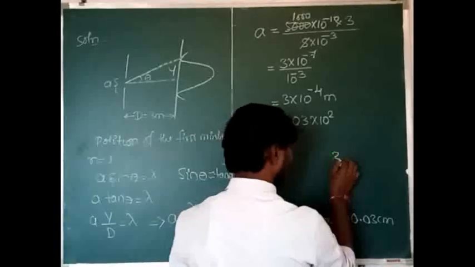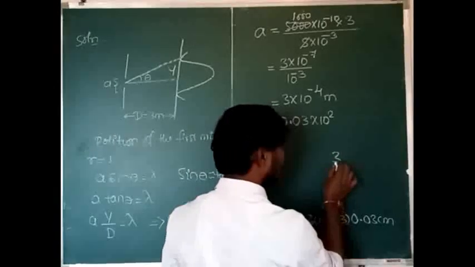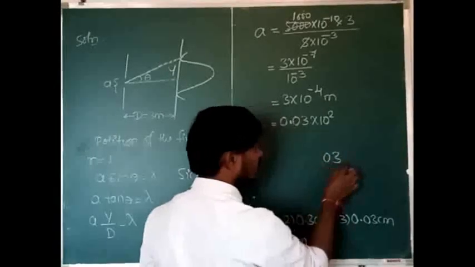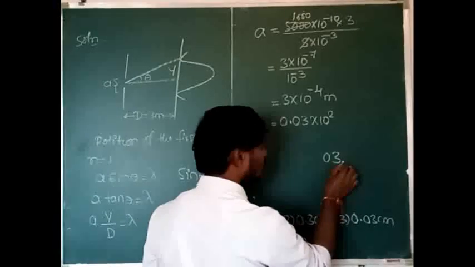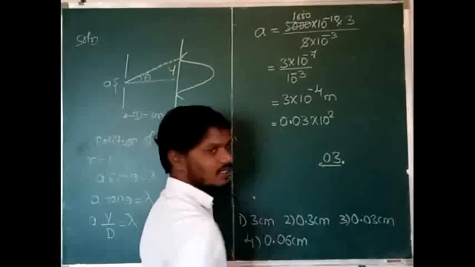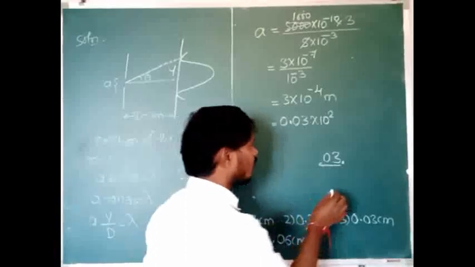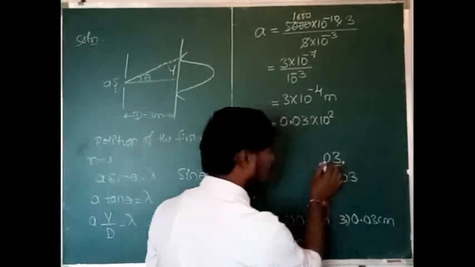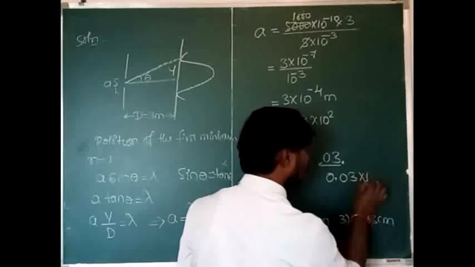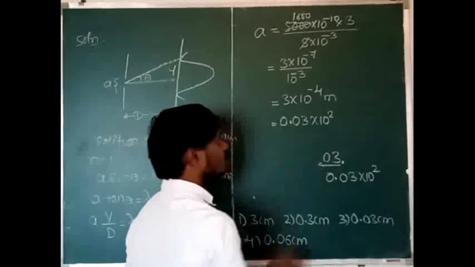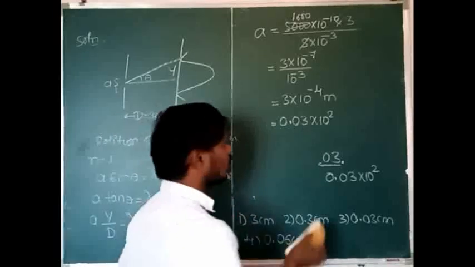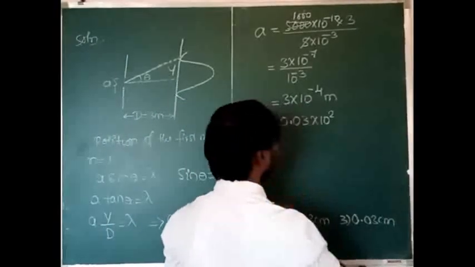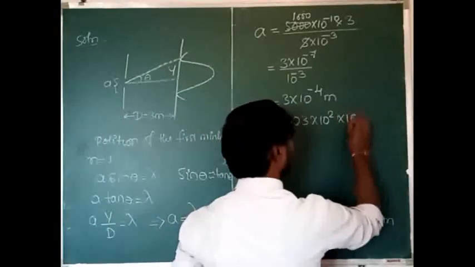Okay, see here. 3 is there. Then I will displace the decimal point, after how many digits here? 2 digits. In which direction? Left direction. This can be written as 0.03 into 10 to the power of plus 2. Already 10 to the power of minus 4 is there.